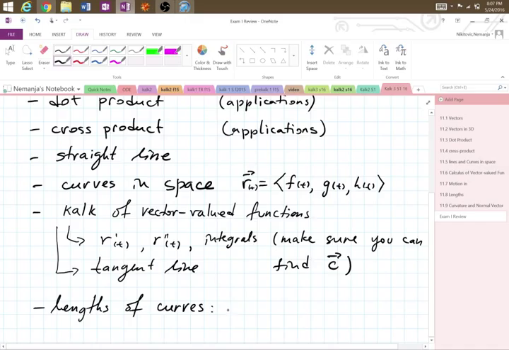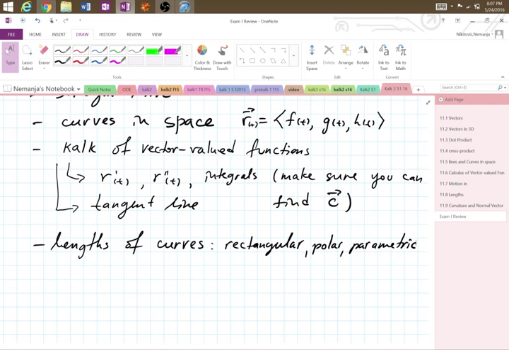We have the rectangular, polar, and parametric. So 3 different formulas to find the length of curve.